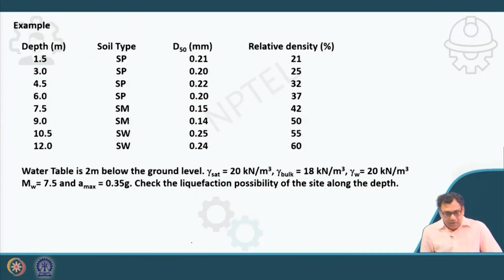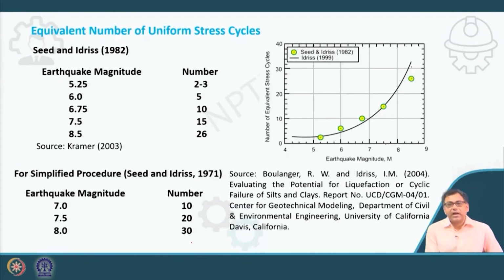Now in the next class, I will solve an example problem, and then I will show you how we can apply the methods that we have discussed. We have discussed how we can determine the stress developed during an earthquake and the stress required to cause initial liquefaction.